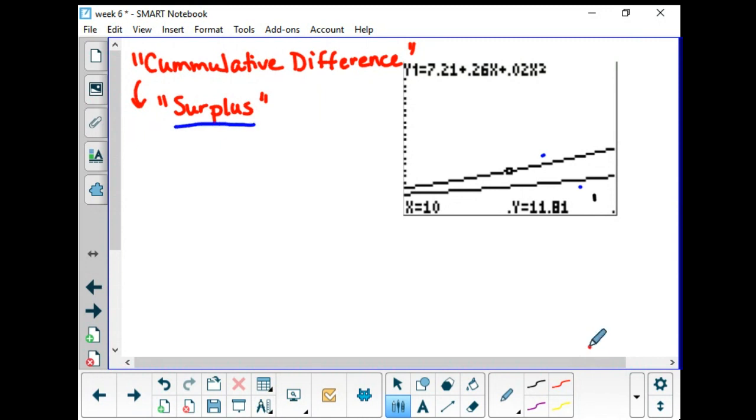So let me talk to you about what the graph is that I'm showing you here. Let's say we have two different revenue models.